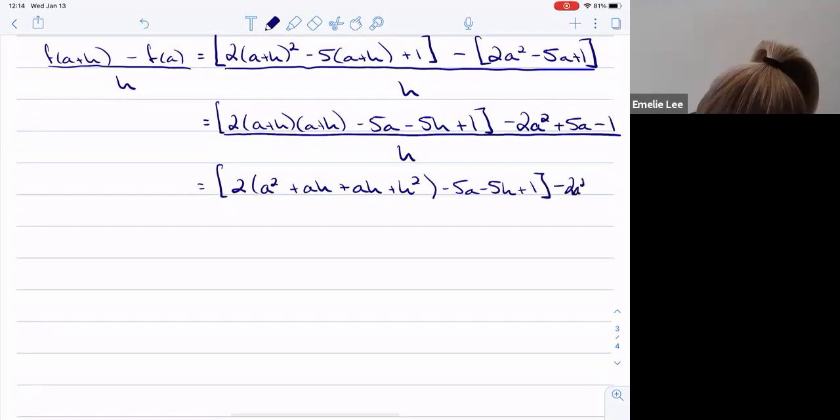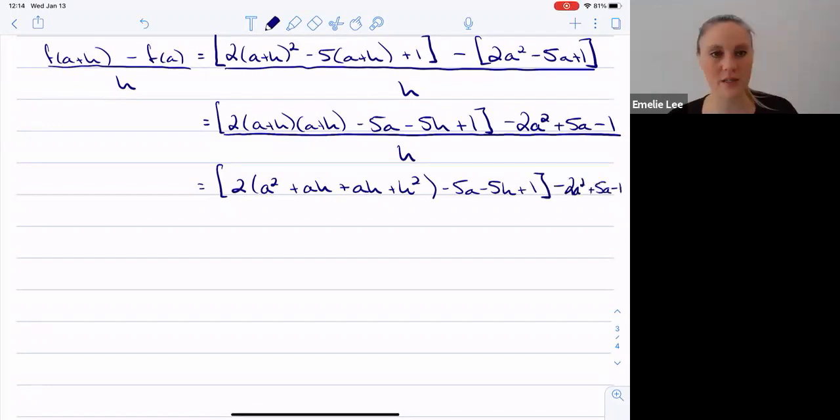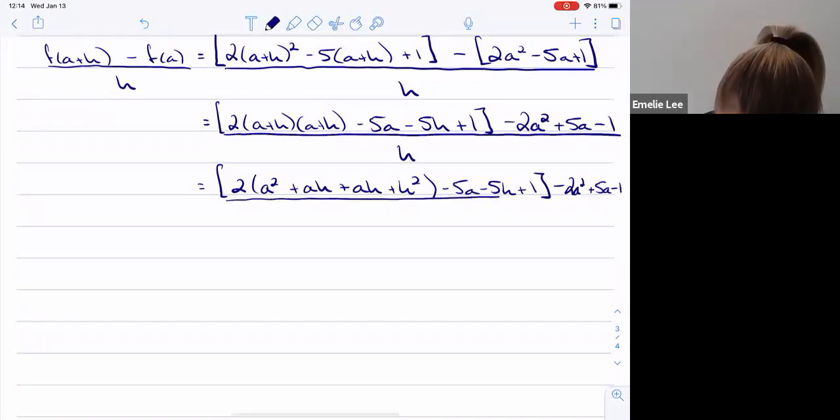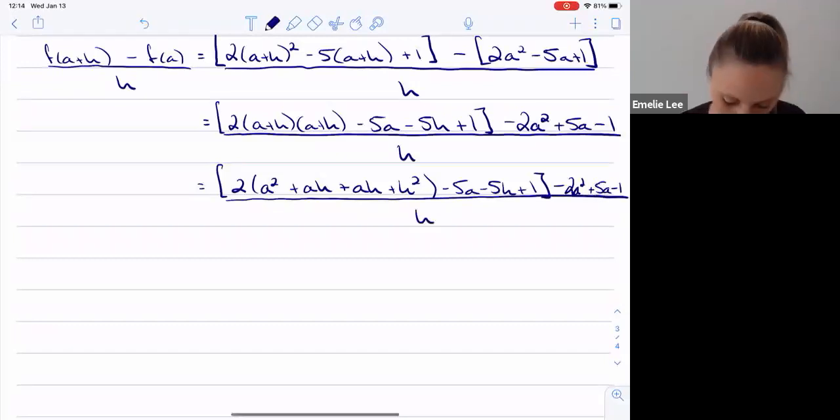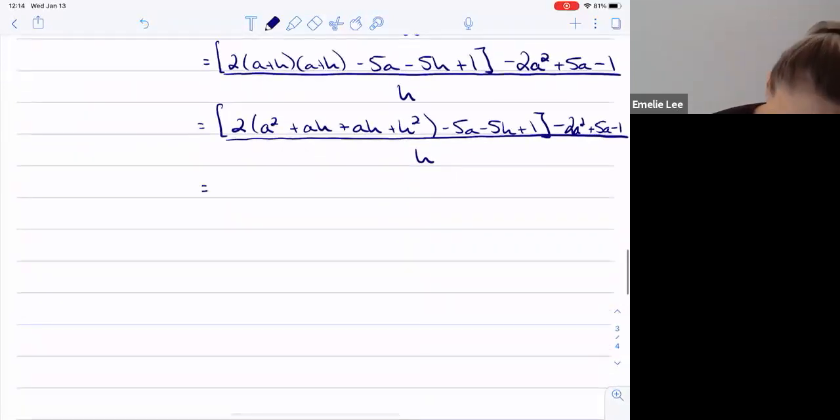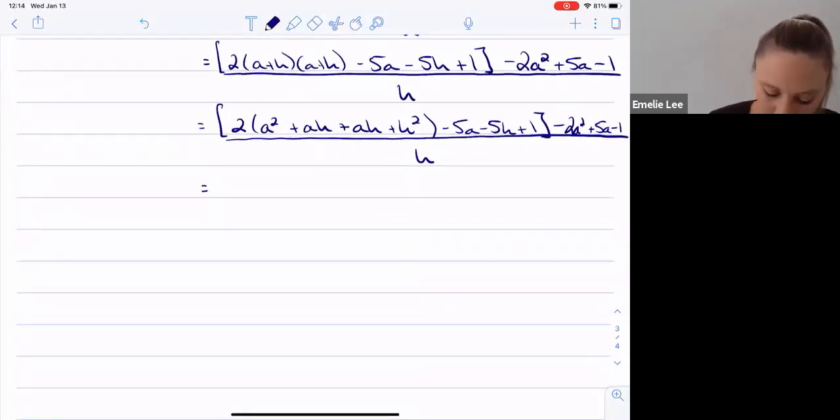Minus 2a squared. Try to keep it on the same line. Plus 5a minus 1. Got a little tight. Things will cancel and simplify and all that nice stuff, but till then.